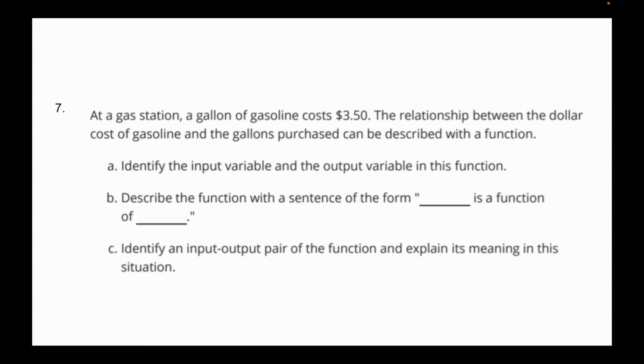So weirdly enough, in this case, even though you would think I put money into the gas pump and gas comes out, that is not our input-output relationship. We actually would pump the gas, and then the gas pump tells us how much it costs.